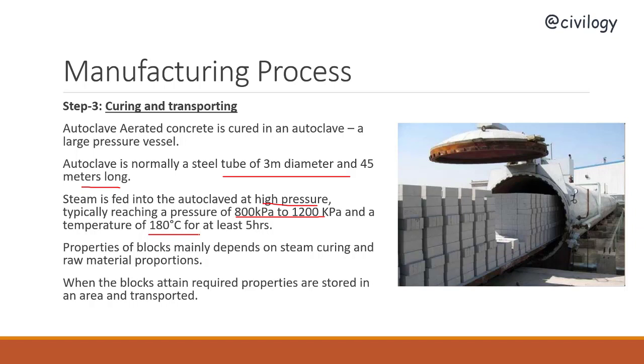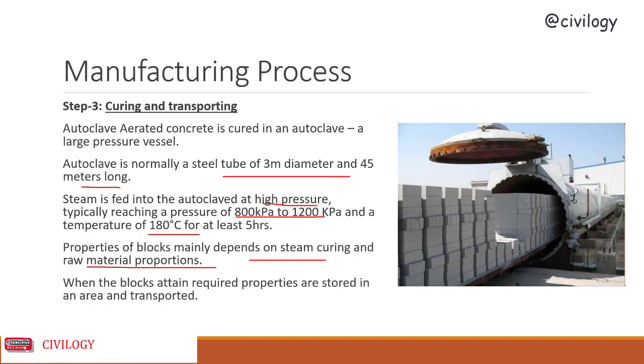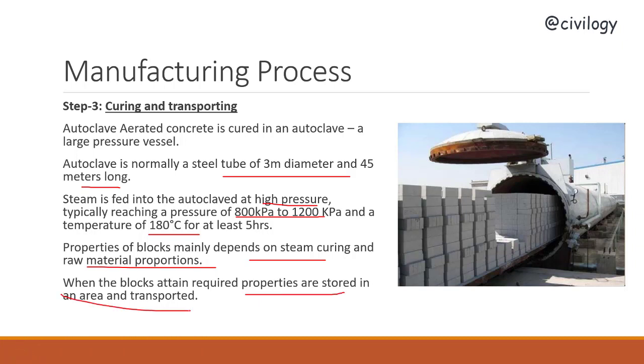Okay, properties of blocks mainly depend on steam curing and also raw material proportions. When the blocks attain required properties, they are stored in the area and then transported. This whole manufacturing process seems easy but has to be done with utmost care.